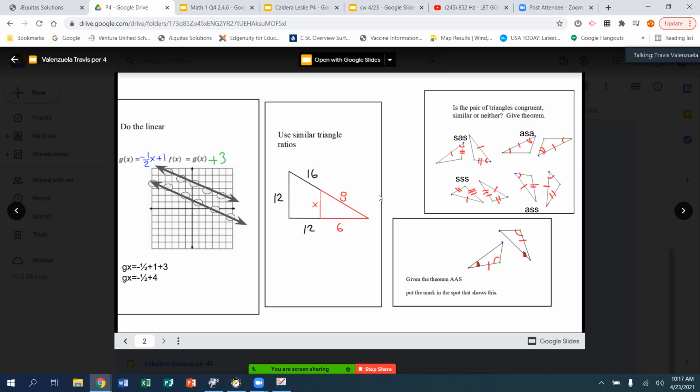Can you tell us what you did on this slide, Travis? How about you pick one? Pick one, because we looked at all of them already. Triangles. Okay. Second one to the right is the bottom one.